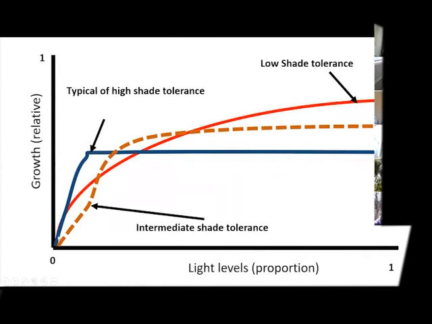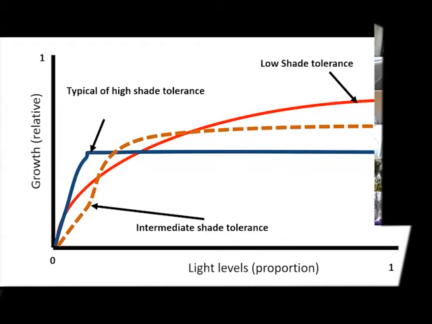Now, if this was always the case, if everything always maxed out at one maximum growth rate, then there would just be pressure to simply have shade tolerance. But there's no free lunch. There's never a free lunch here.